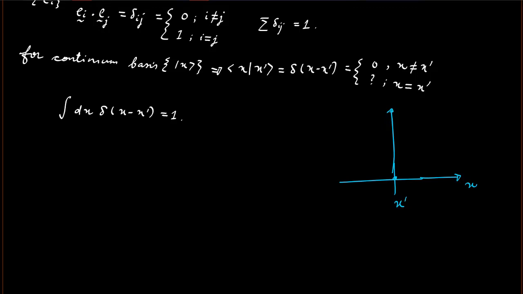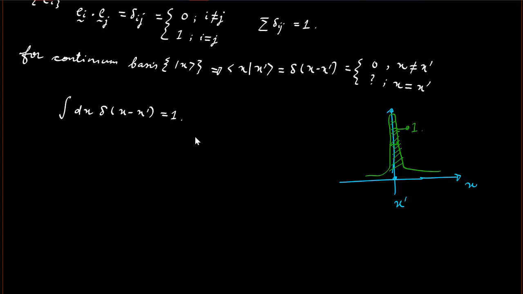If we draw its corresponding graph, it will look something like this, only a very small region, right? And if we integrate all over this space, then I always get equal to 1. This is what it means.